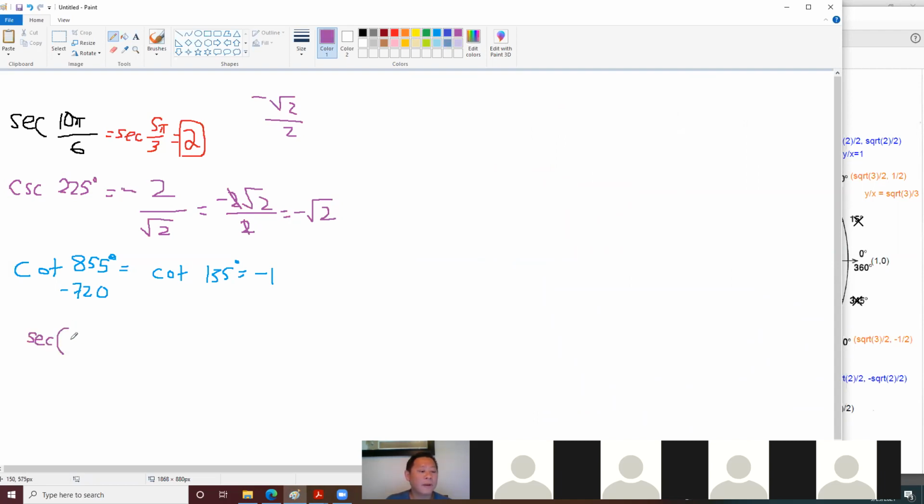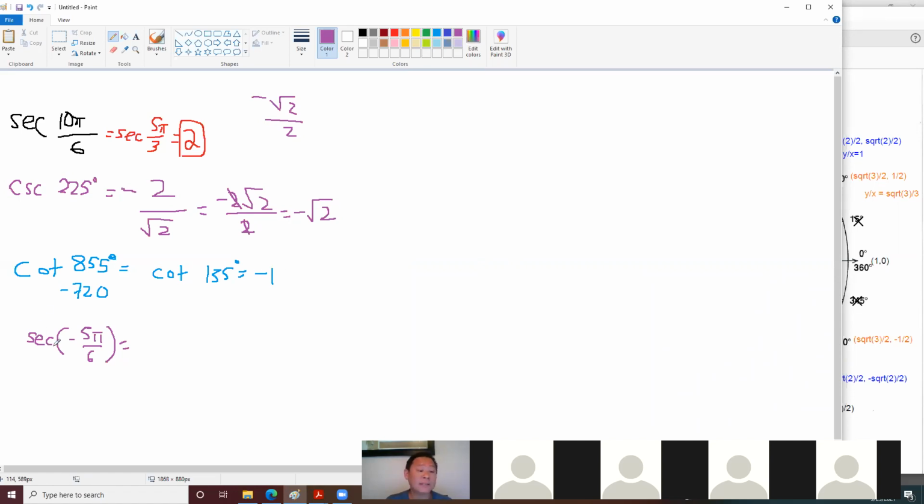Secant of negative 5 pi over 6. So now we do negative angles. So if you remember, if you have secant or cosine, the negative will disappear.